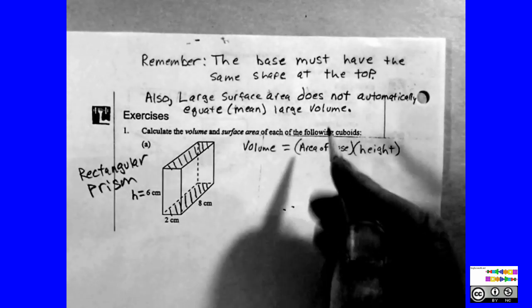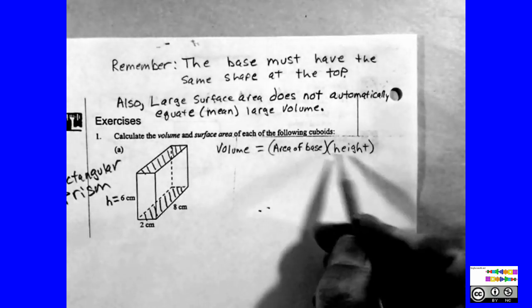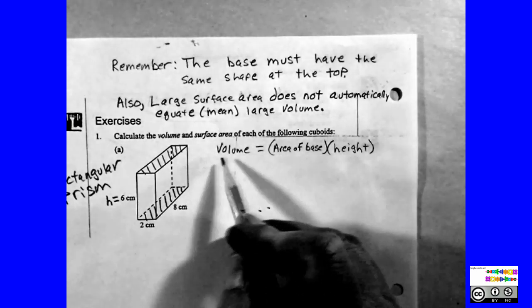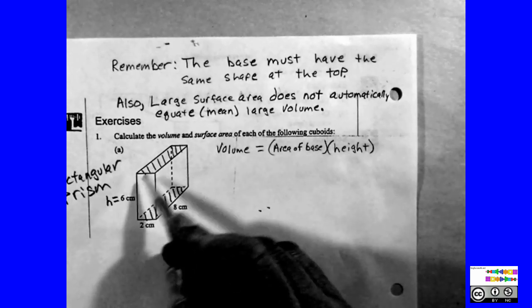So we can say that the area of the base times height equals the volume. We have to make sure that's true.